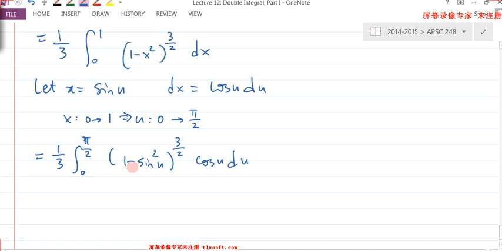So 1 minus sine u squared, I wrote the hint in the exam, but lots of people didn't use that. So it's cosine u squared to the power 3 over 2. So what does this give you?